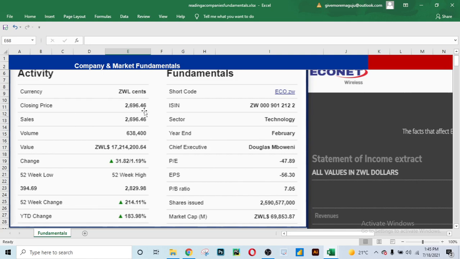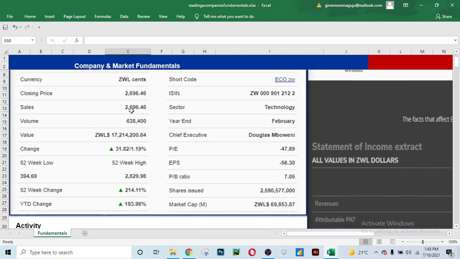That's where you can get the previous stock price. Because what happens with share prices is that this closing price that you see here will be the opening price tomorrow. So you need to find the previous price in the previous price sheet.